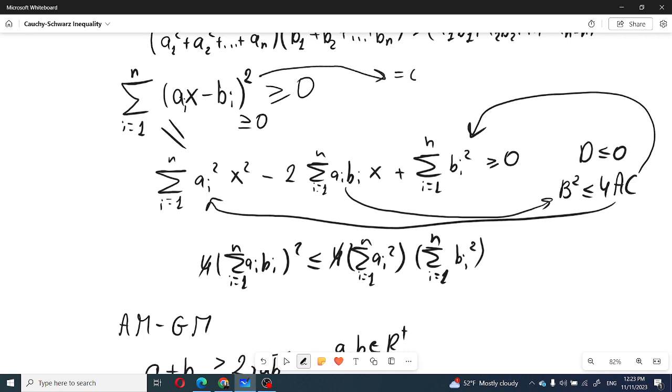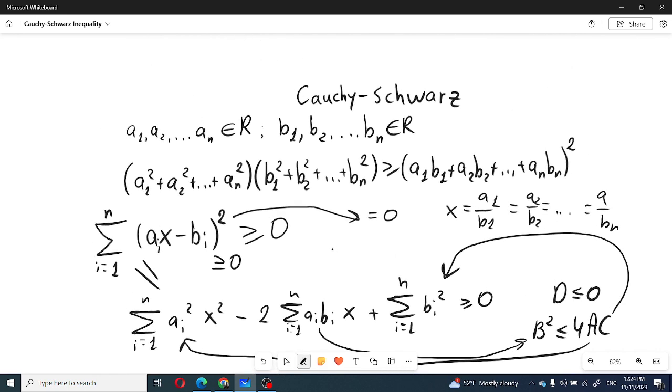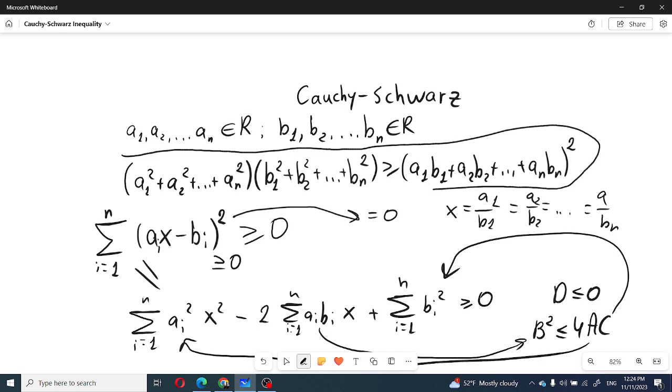This function will be equal to 0 if x equals a1 over b1, and x must also be a2 over b2, all the way up to an over bn. So we see that equality occurs when the fraction ai over bi is always some constant number. What we can learn from this video is that the Cauchy Schwarz inequality is always correct, and equality occurs when the fraction of ai and bi is a constant number for every i from 1 to n.